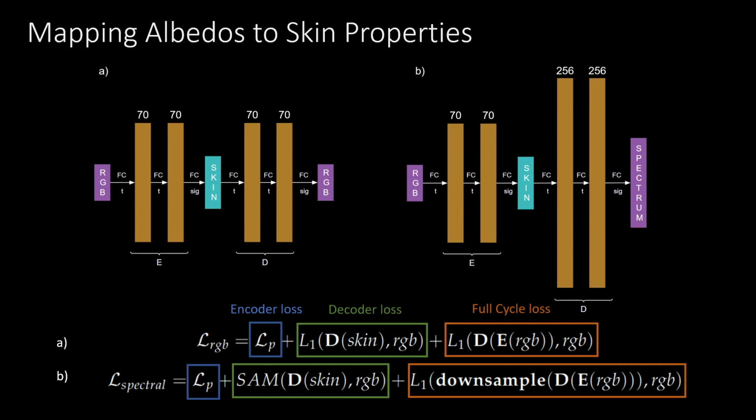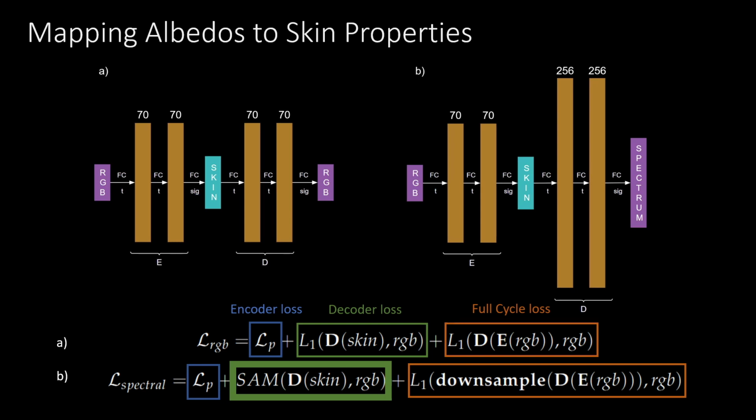Both the decoder and the full cycle loss are the L1 loss of predicted versus ground truth RGB albedos. Instead, network B employs the spectral albedos in different ways. The full cycle loss downsamples the spectrum to its corresponding RGB and compares against the RGB albedo ground truth. The decoder D compares directly the predicted spectra against the ground truth spectral albedo through SAM, or spectral angle mapper.